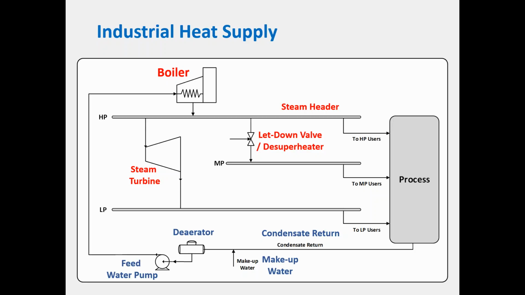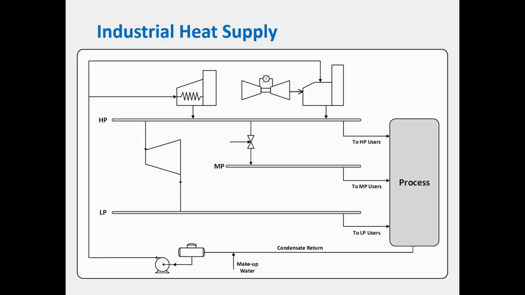We'll have a deaerator and a feed water pump. So on the supply side, there are a number of elements which are there in order to help provide our process with the heat that we require. And these utility systems tend to be quite large at large sites because there's actually quite a lot involved in supplying utility to the plant.